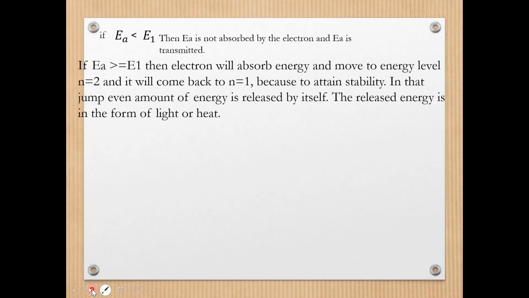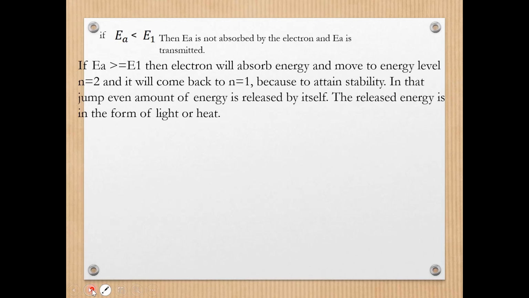If your applied energy is greater than or equal to the energy gap, then the electron will absorb the energy and move to the energy level n equals 2, and it will come back to n equals 1 to attain stability. In the jump, an equal amount of energy is released by itself.